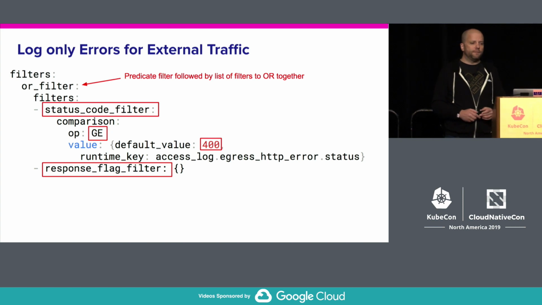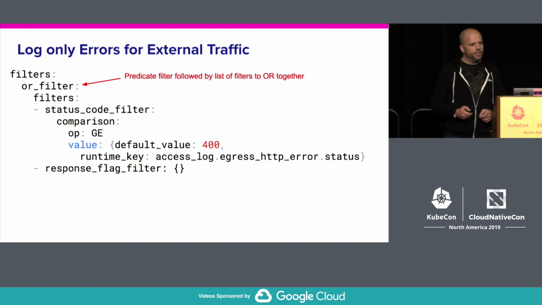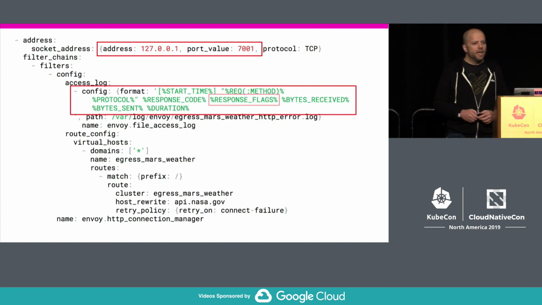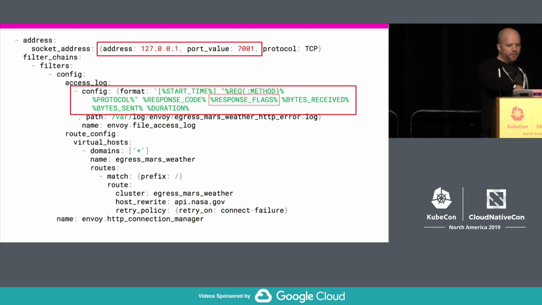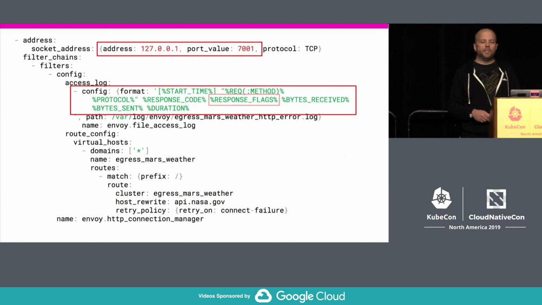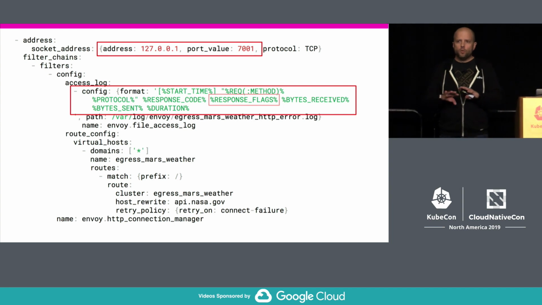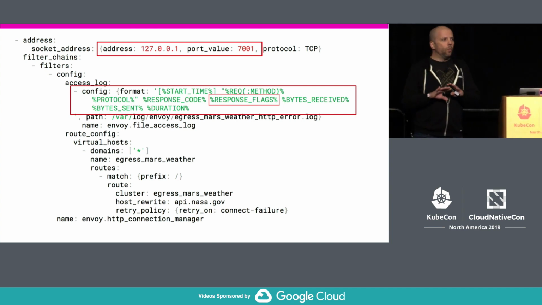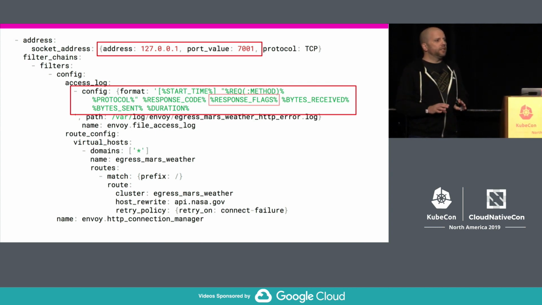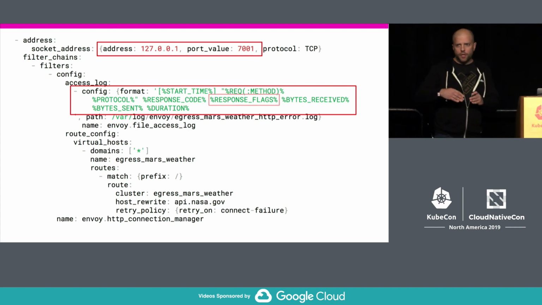This is the response flag filter. I actually didn't get into that as much as I wanted to back here. I did circle this. You might notice the response flags in the access log format. In fact, if you get really one thing from this talk and you're not familiar with the response flags, it's well worth your time spending a little bit of time studying what these response flags are. The canonical example is the one Lita alluded to earlier.